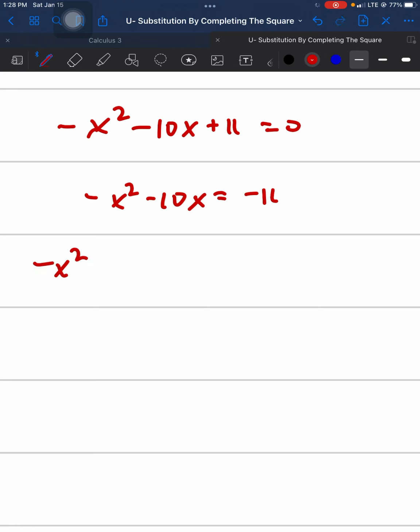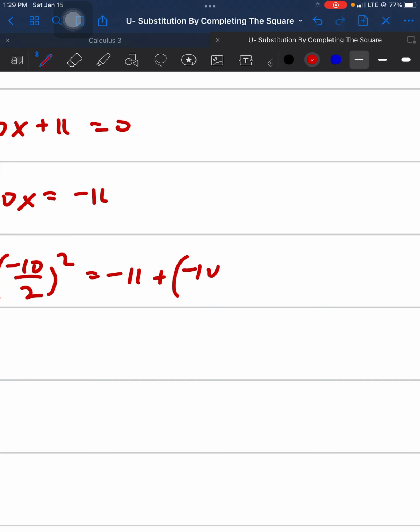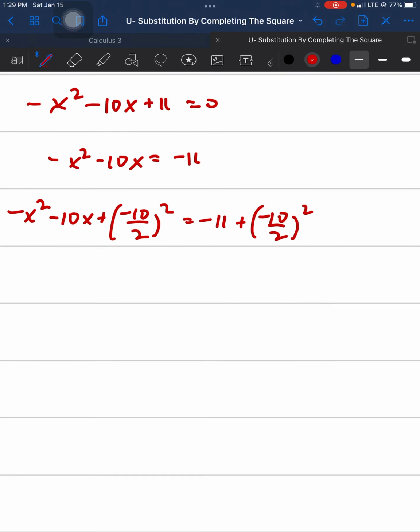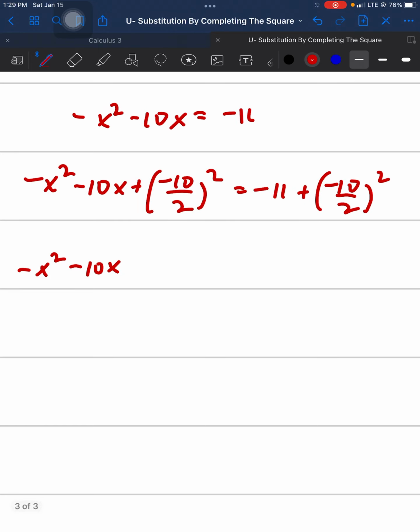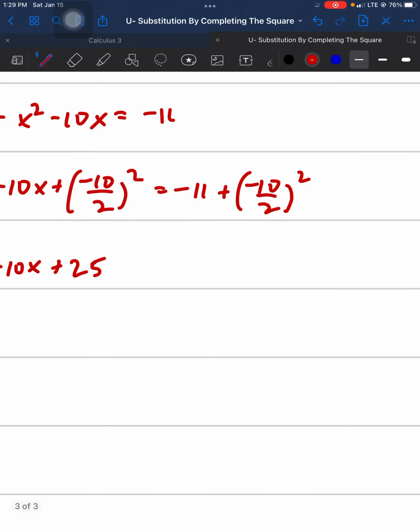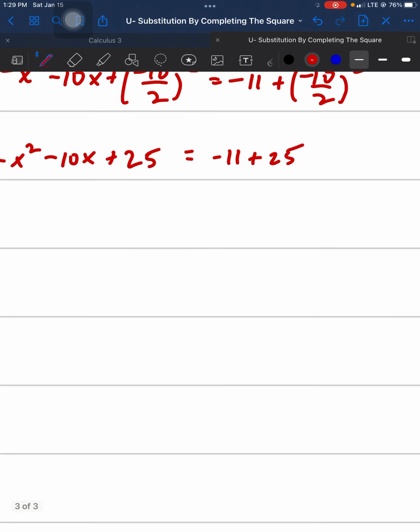So we're going to do negative x squared minus 10x plus negative 10 over 2 squared is equal to negative 11 plus negative 10 over 2 squared. Now you just simplify this a little. Negative 10 divided by 2 is negative 5. Negative 5 squared is 25. That's going to be negative 11 plus 25.